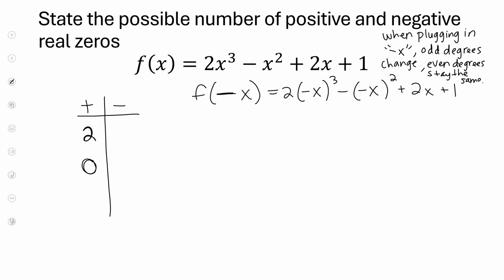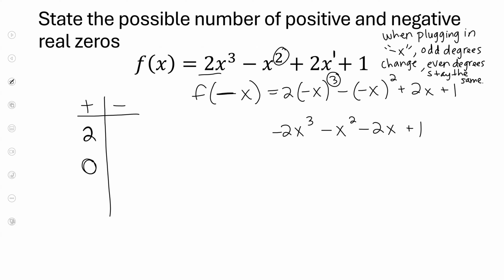You need to write that down. So guys, this is an odd degree. It's going to change. So it was a positive 2, now it's a negative 2x cubed. This is an even degree. It's just going to stay the same. This is an odd degree. You can imagine the degree being a 1. That's going to change. And that's a constant. That'll just stay the same.